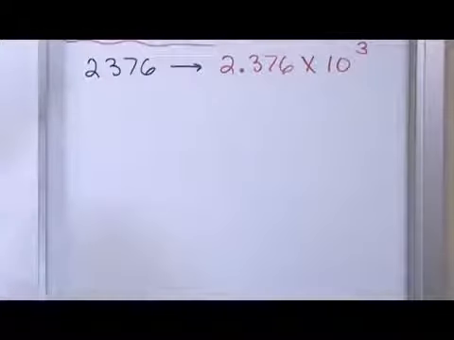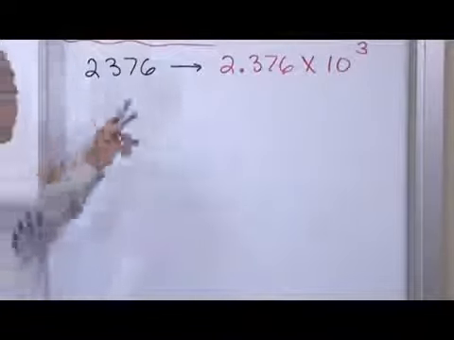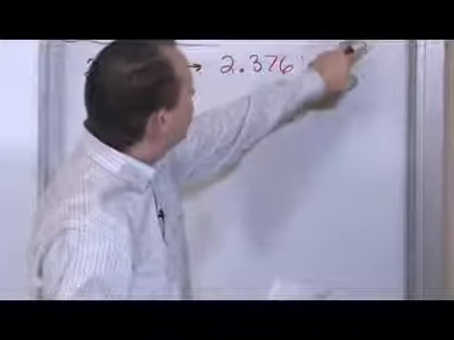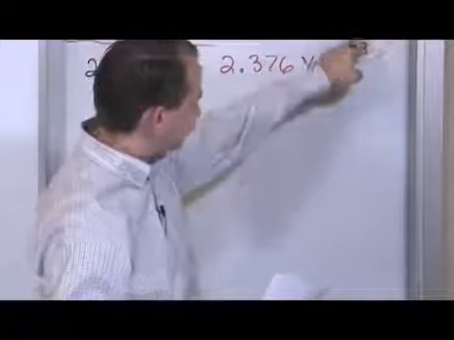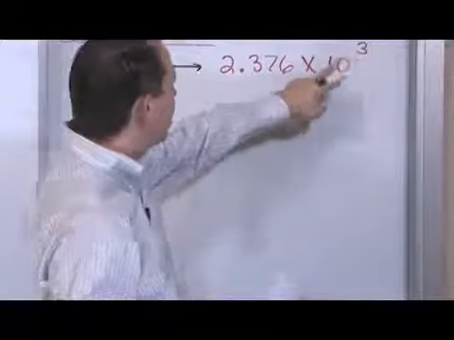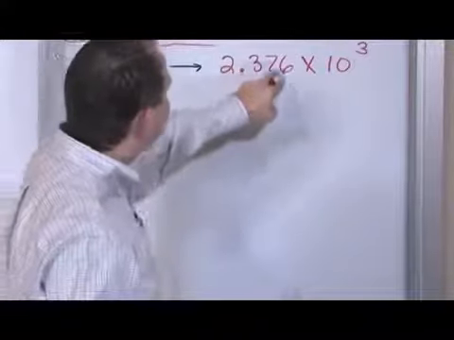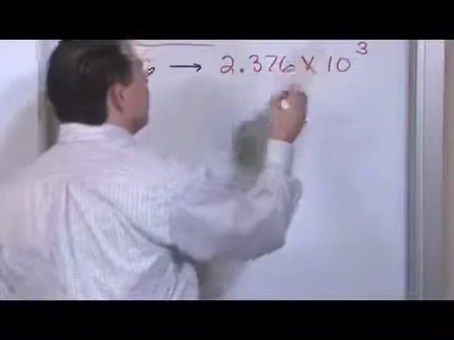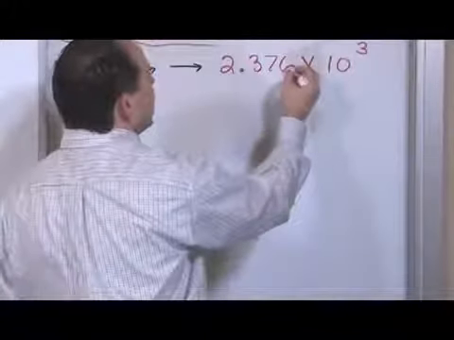Why do I multiply by the power of 3? It's because if I put the decimal here, then when I multiply by 10 to the 3, basically you move the decimal as many times as is indicated in this exponent. So I move the decimal 3 times. 1, 2, 3. 2,376. So it's basically a shorthand way of writing that.